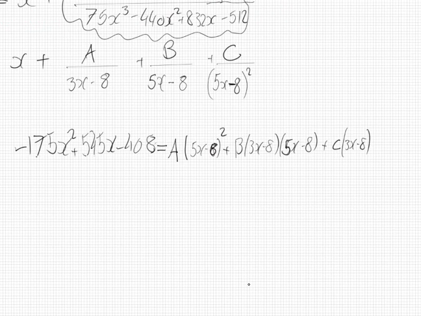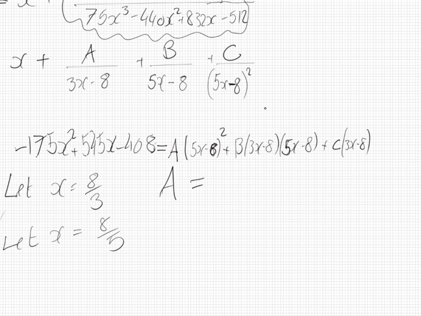Okay. Now, what value should I take for x first? 8 over 3 looks good. So let x equal 8 over 3, and this will give me out the A. Then if I say let x equal 8 over 5, this will give me the C. And then to finish, I can do anything for the last one.